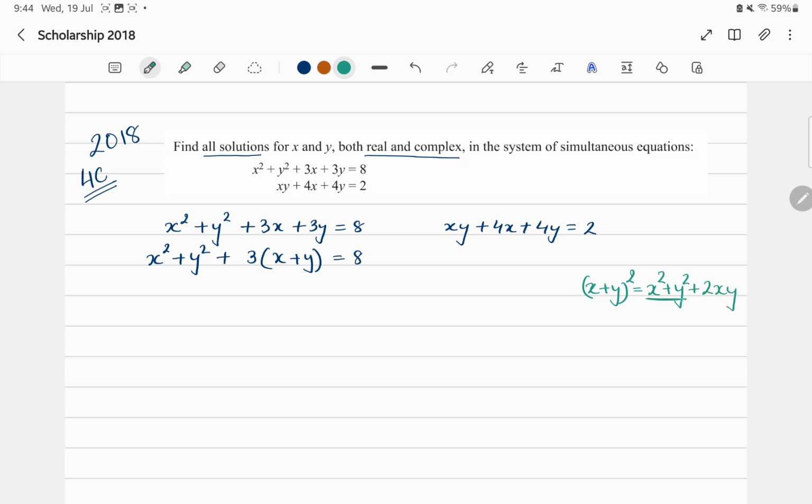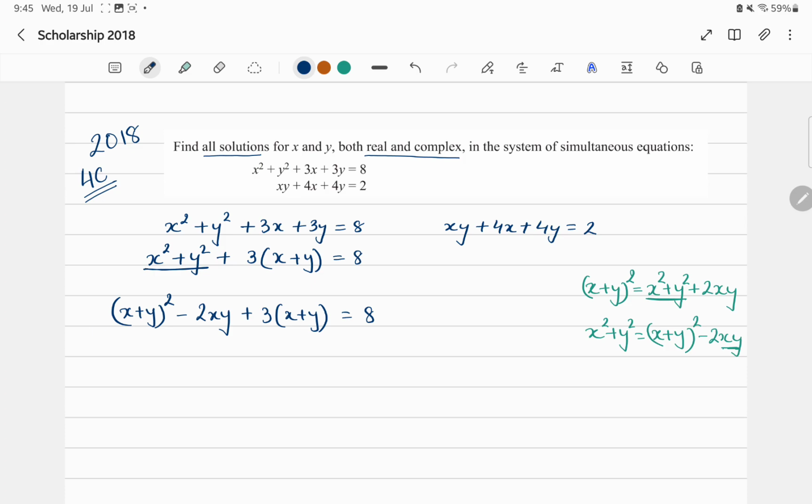So x squared plus y squared equals (x plus y) whole squared minus 2xy. Why are we doing it? Because that way we will have xy in both the equations, and then it'll be easier for us to solve them simultaneously. So now, in place of x squared plus y squared, I'm putting (x plus y) whole squared minus 2xy, plus 3(x plus y) equals 8.